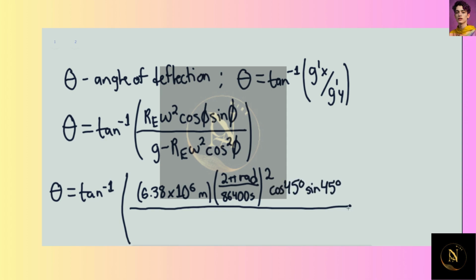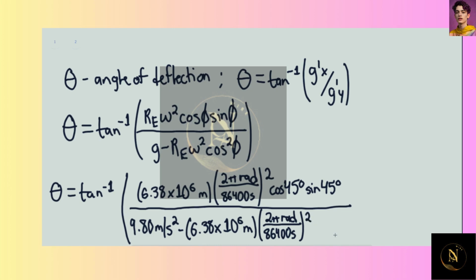Again, 45 degrees would be the latitude in this case. And then this would be divided by 9.80 meters per second squared minus 6.38 times 10 to the 6th meters multiplied by 2 pi radians divided by 86,400 seconds, quantity squared, times cosine squared of 45 degrees. Close parentheses. After solving everything, this equals 0.988 degrees. This would be the angle of deflection.